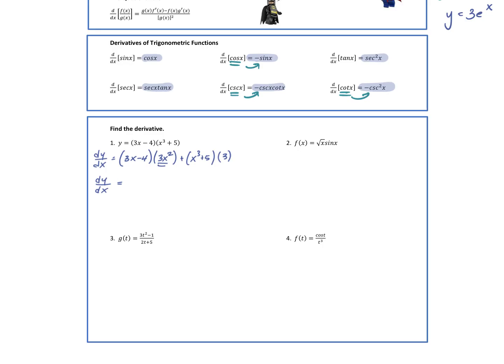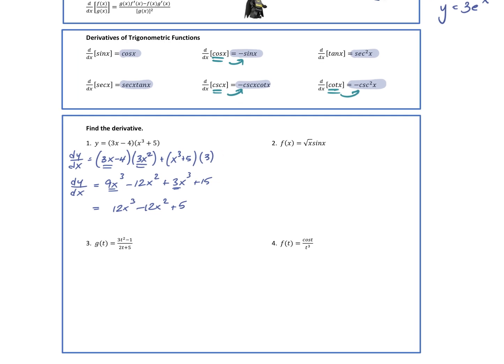If I distribute here, we're going to get 9x cubed minus 12x squared plus 3x cubed plus 15. We can say 12x cubed minus 12x squared and then plus 5. I have the first times derivative of the second plus the second times derivative of the first.